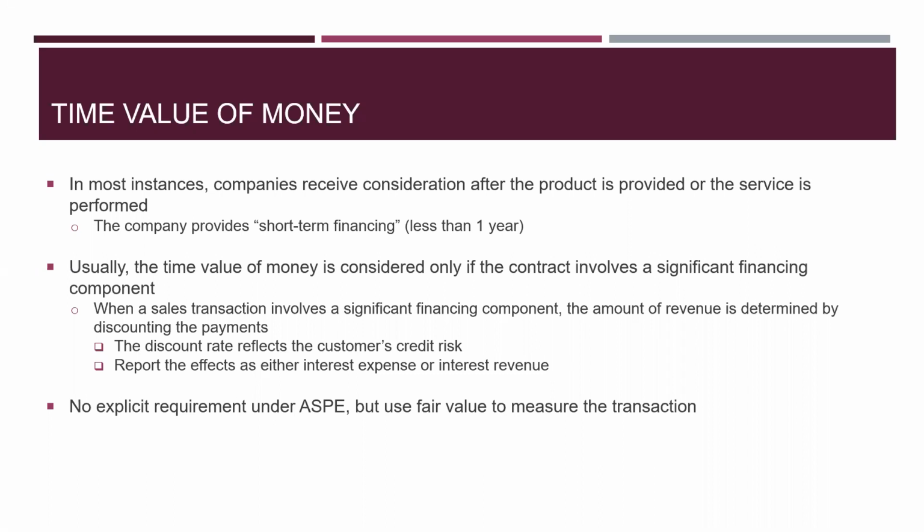We will use a discount rate tied to the customer's credit risk. We will report the effects as either interest expense or interest revenue. Under ASPE, there is no such requirement, but we will use the fair value to measure the transaction.